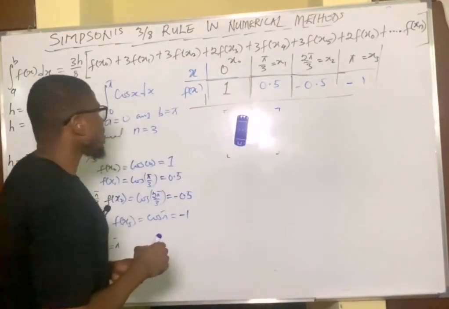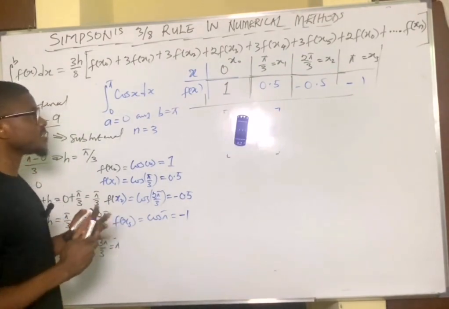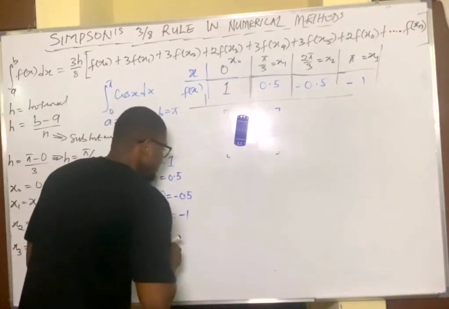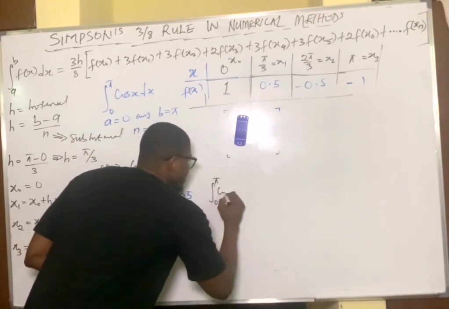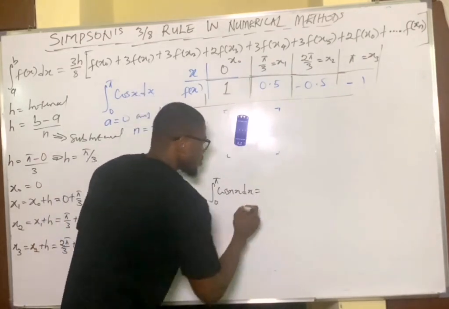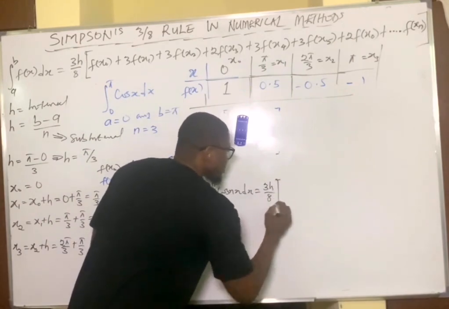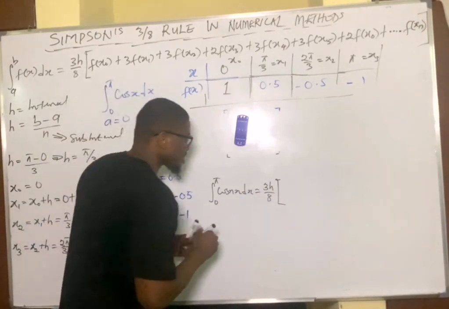All right. So having found this, let's formulate this equation from what we learned earlier. The integral from 0 to pi of cos nx dx using Simpson's 3/8 rule will now become 3 over 8 of h, now multiply. So remember, the first function is kept like that without a multiple.